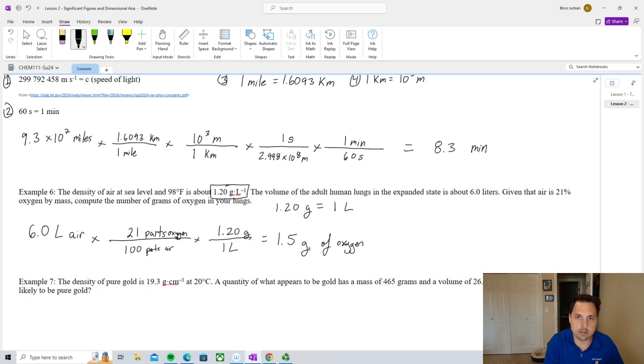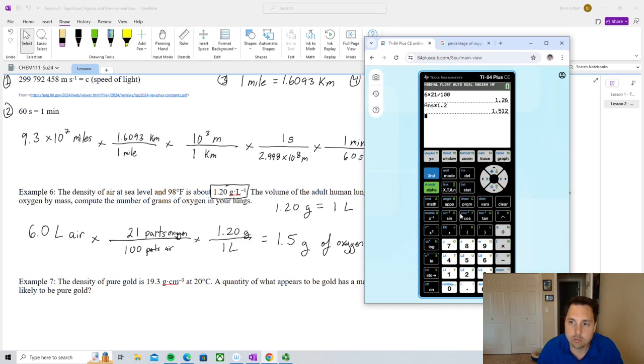And that's a really small amount, right? 1.5 grams here, it's not very much, right? So that's because the density of air is really small.